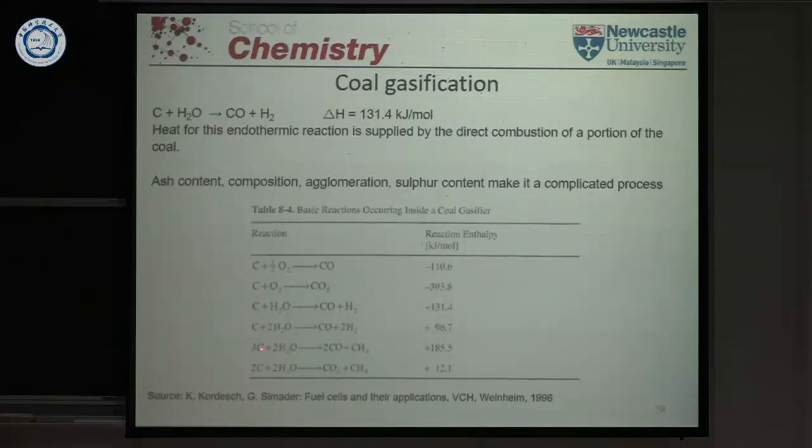You can have an intermediate type of reaction where you form more CO and form methane out of carbon. And here is another reaction where you form methane instead of hydrogen, together with CO or CO2. And you see all these different heats that are associated with the reaction.